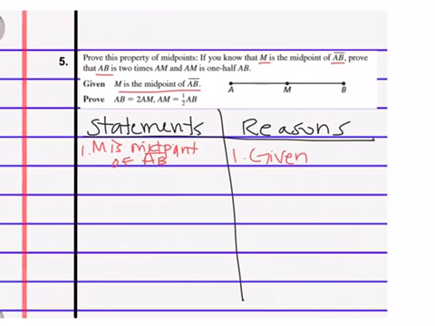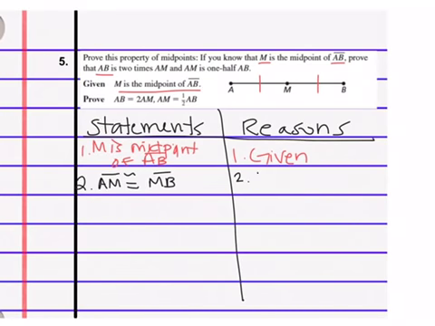All right, then next, let's think about, all I've said so far is that M is the midpoint. What does that allow me to say? Well, if M is the midpoint, I can say, I'm going to mark it on my picture, that AM and MB are congruent. So that's going to be line 2. Line segment AM is congruent to line segment MB.